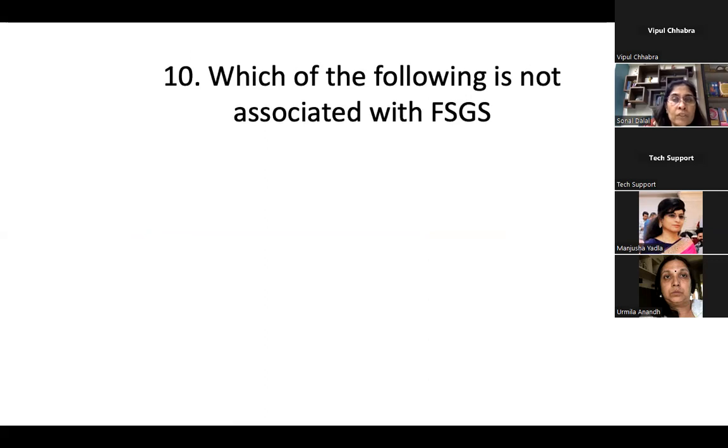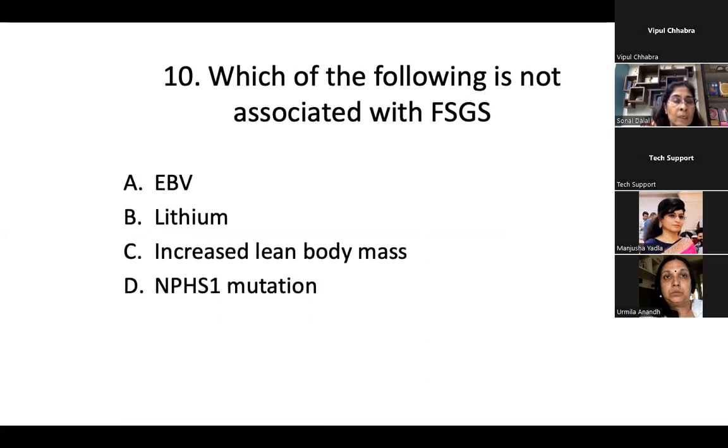Question number 10. Which of the following is not associated with FSGS? Option A, Epstein-Barr virus. B, lithium. C, increased lean body mass. And option D, NPHS1 mutation. The time starts now.